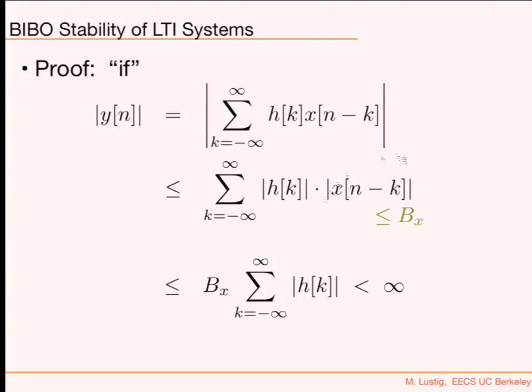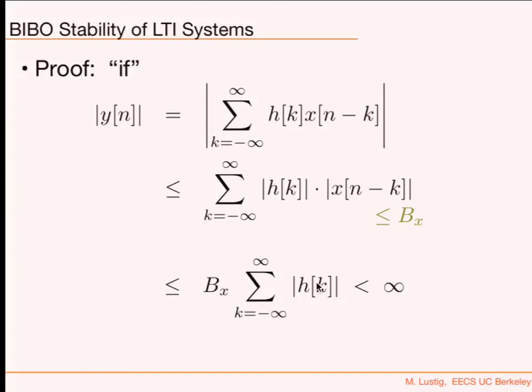But I know that this is bounded, because I have a bounded input. So this is less than some b. Then the whole thing is less than some b times the absolute sum of the impulse response. If this is bounded, then everything is bounded.